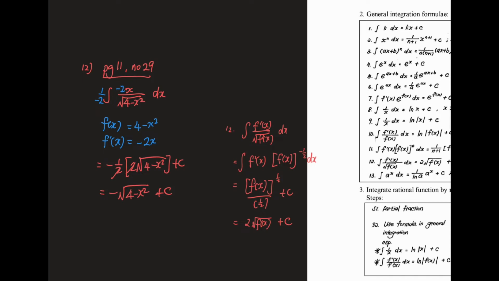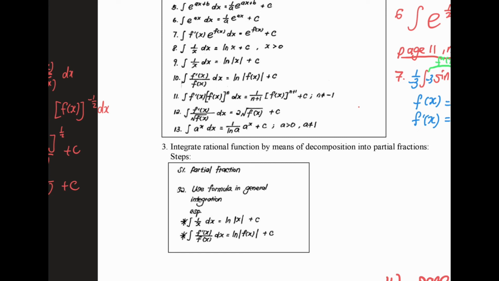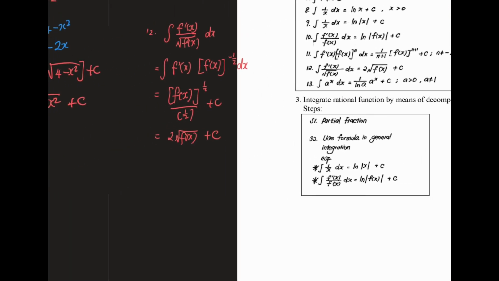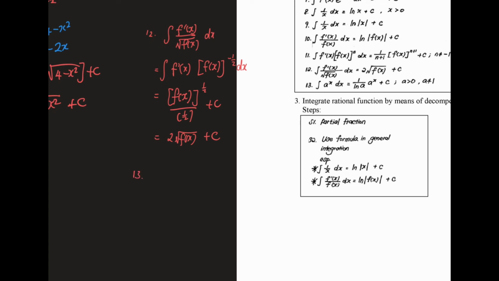Now let us continue. We look at formula number 13. You can see here, formula number 13: integrate a to the power of x dx equal to 1 over ln a times a to the power of x plus c. Let's understand this formula by looking at differentiation. In differentiation, we have y equal to a to the power of x. To differentiate this, we need to ln both sides, and we can bring the power x in front.